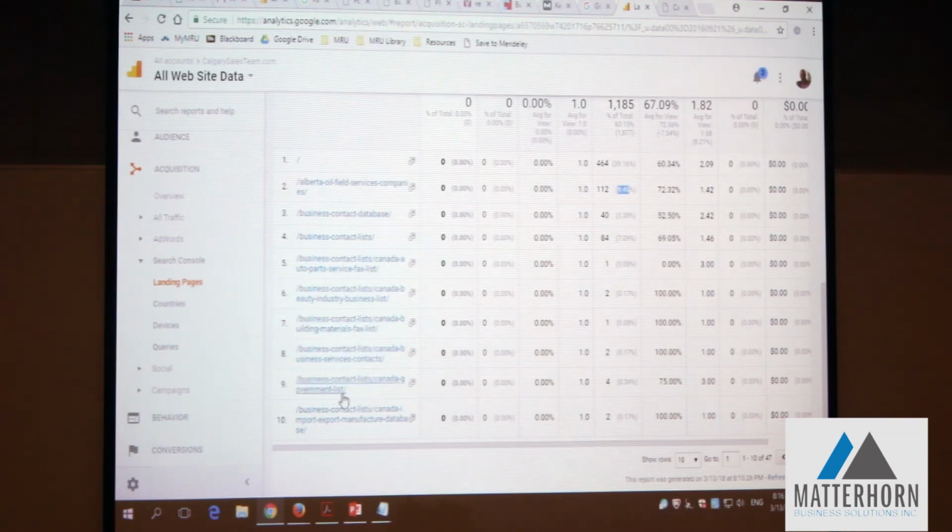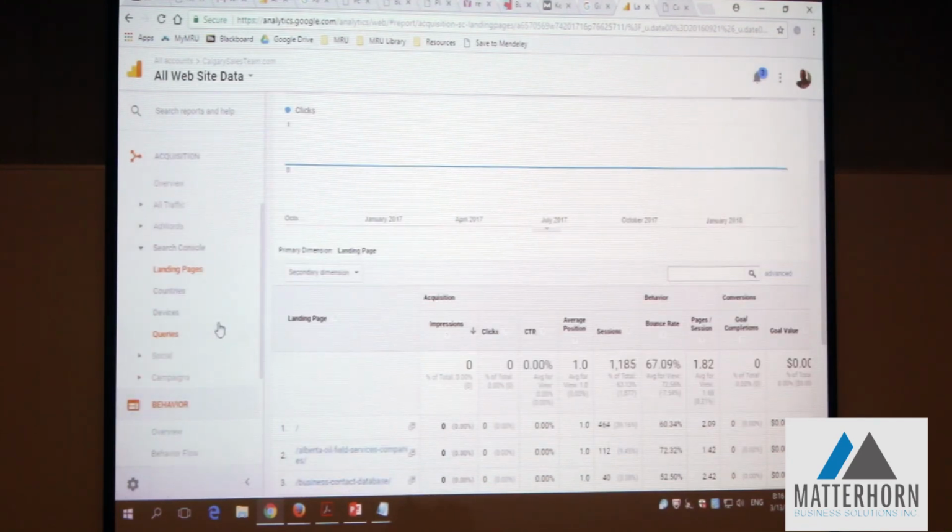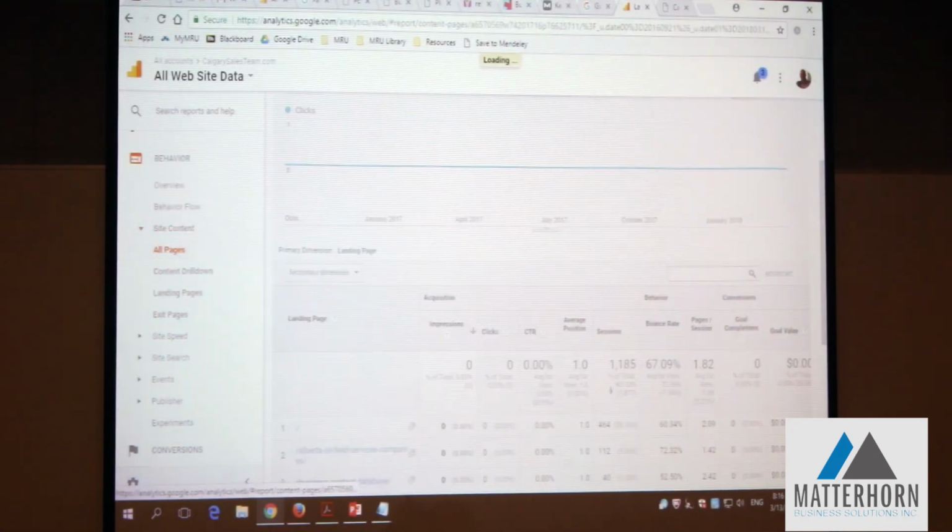That was quite popular. I sold that a few times. And so that would show here, but by and large, it's the home page, the oil page, the general business contact page, and another business contact page. If you go to Behavior, it'll show that site content again, all pages in a different format.